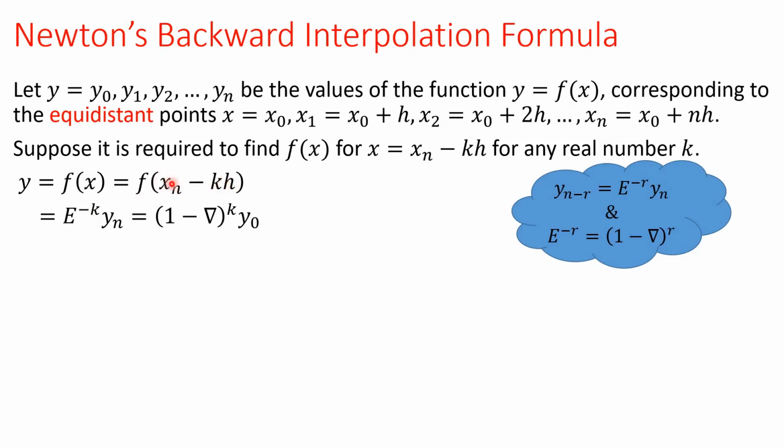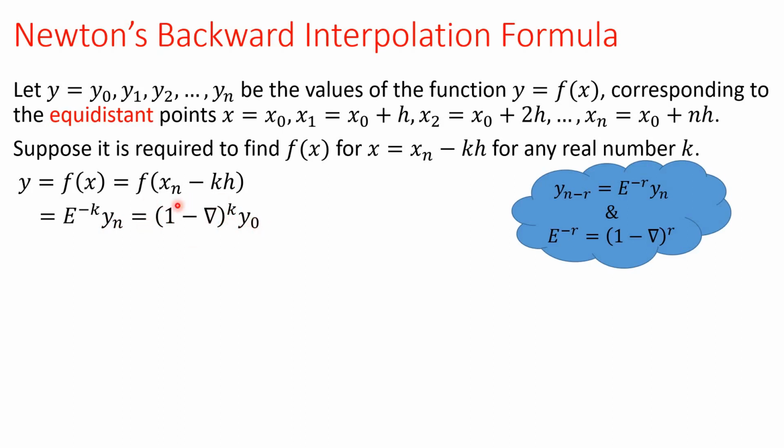In that case it is f of xn minus h, that is f of xn minus 1, so the output will be yn minus 1, which is the same as operating e raised to minus 1 on yn. So for k backward shifts we have to operate e raised to minus k on yn, which is equal to (1 minus del) raised to k.